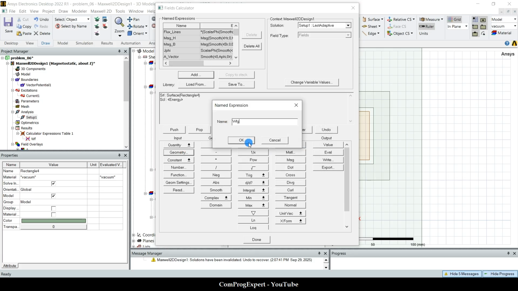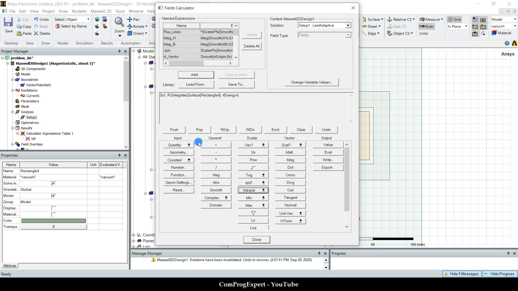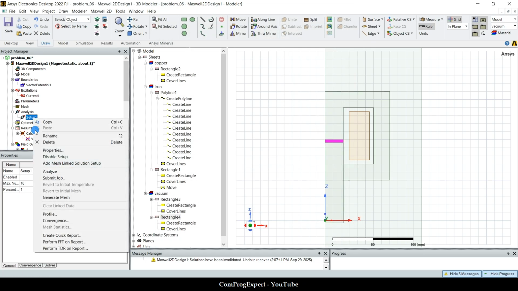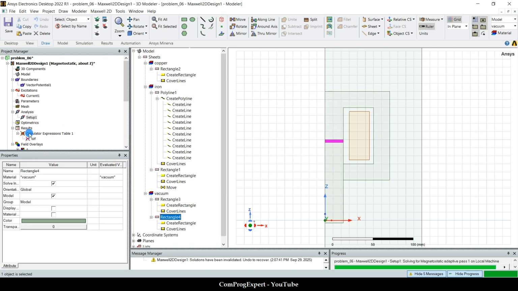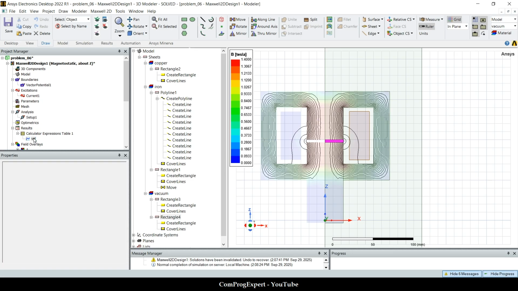This is the energy in the gap. Calculate the integral. Okay, so this is the energy in the gap. Clean up the previous solutions and analyze. We can compare the numbers now.